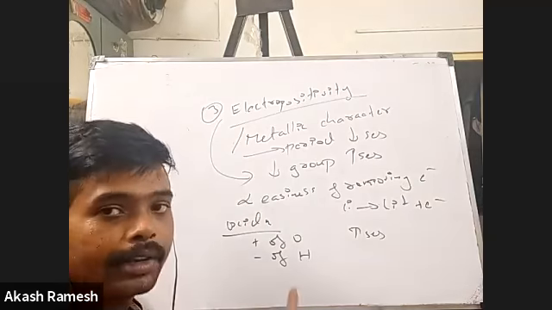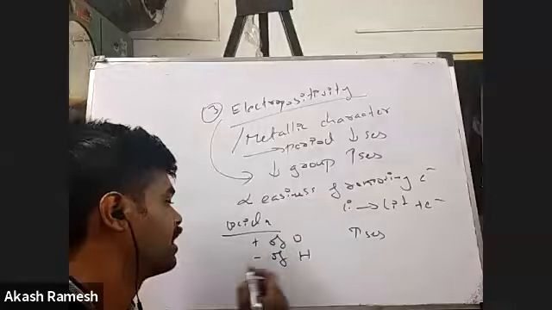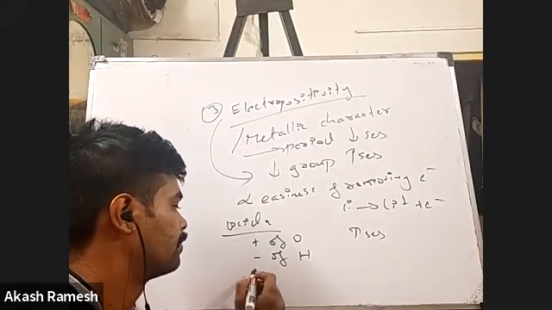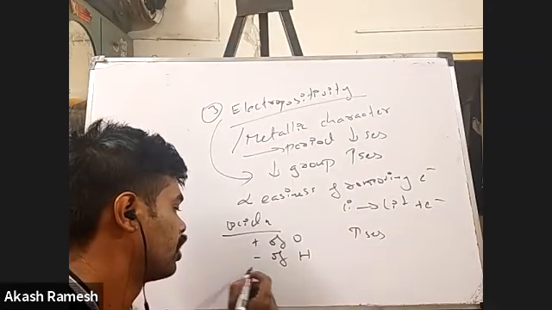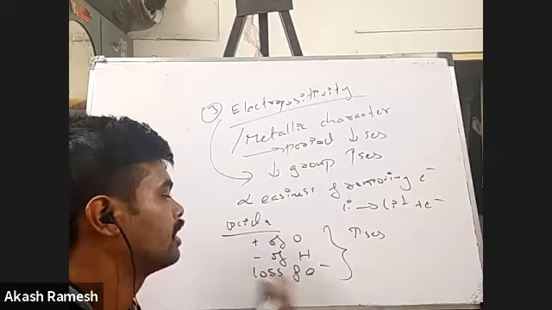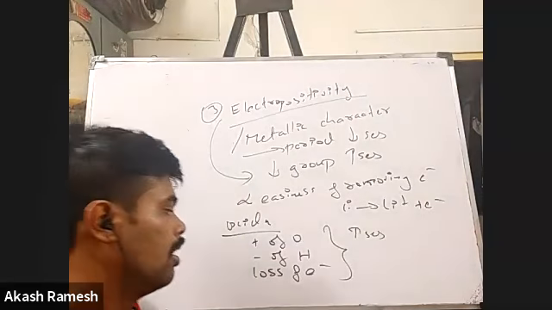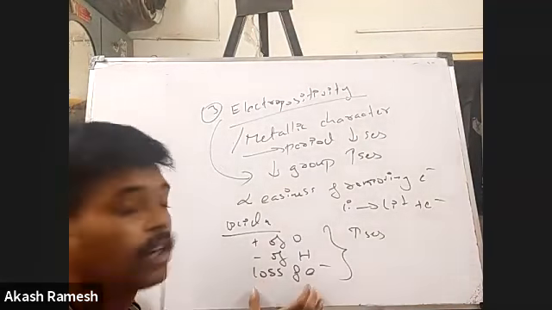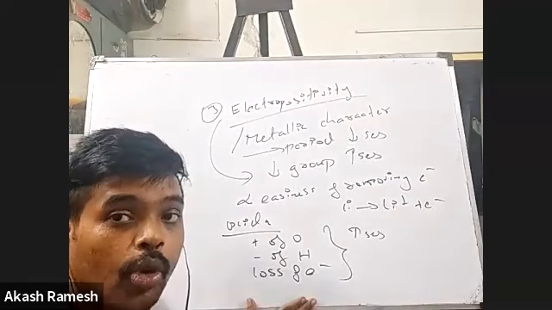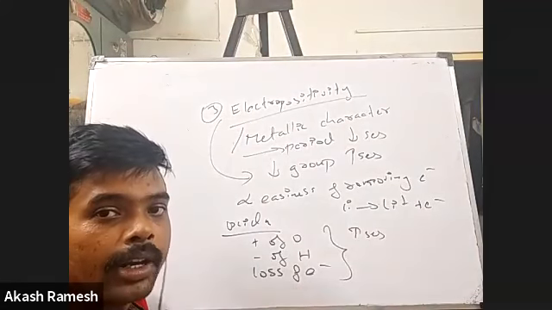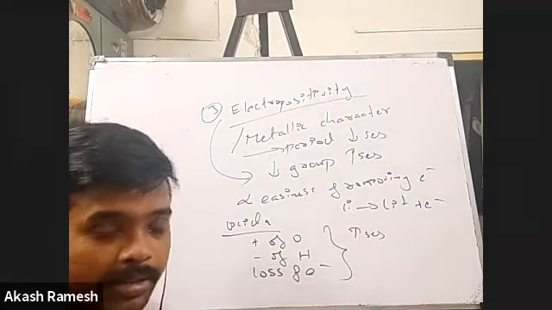Or if I talk in terms of electrons, it is removal or loss of electron. So these three things talk about oxidation: addition of oxygen, removal of hydrogen, or loss of electron. Whenever a substance loses an electron, it is called oxidation. You have to remember this, guys.